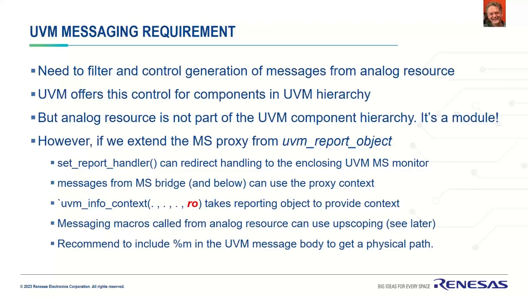One of the tricks we use is that inside the analog resource, we're calling the UVM info context macro. That takes a class handle as a report, which has to be a UVM report object, which is RO in red there, and that then passes messages back to that. We also recommend using a %m in the UVM message body to get the physical path, because although we'll see a UVM component path, we won't really know where that's coming from in the module-based hierarchy.